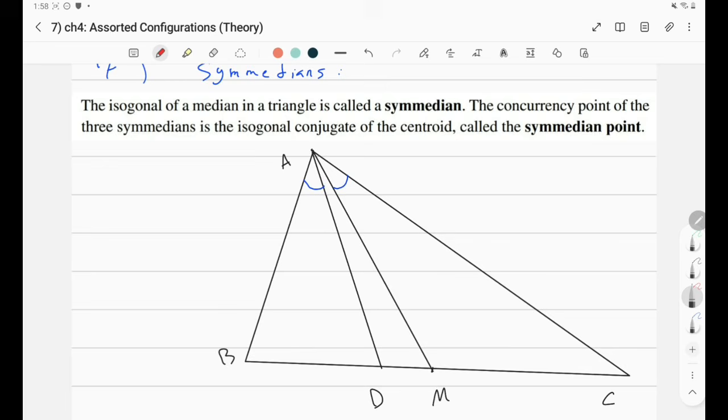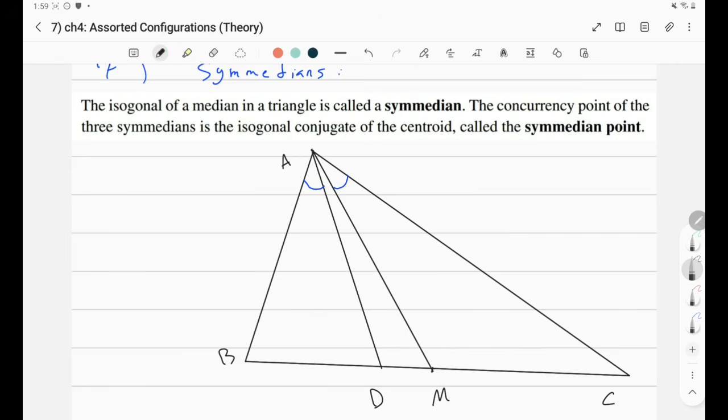And guess what? Just from the previous configuration, we know that the three symmedians have a concurrency point, and this concurrency point we call the symmedian point. And actually, we know exactly what the symmedian point is. It is the isogonal conjugate of what point? Exactly, of the centroid G. So the symmedian point is the isogonal conjugate of the centroid.